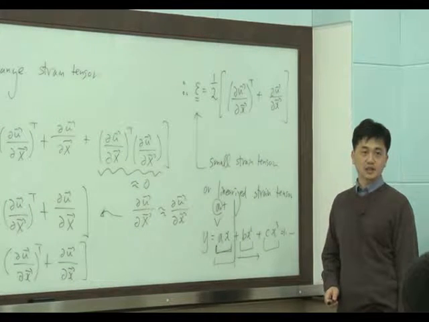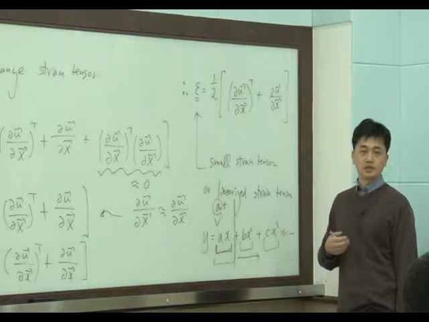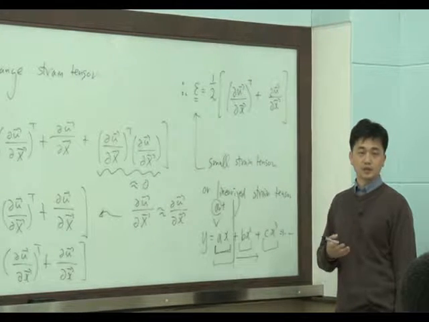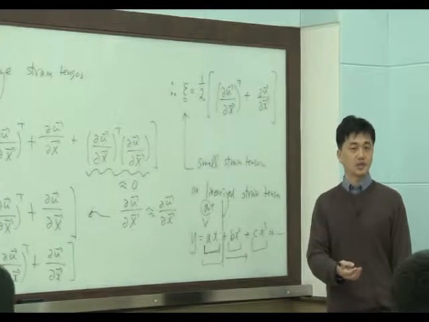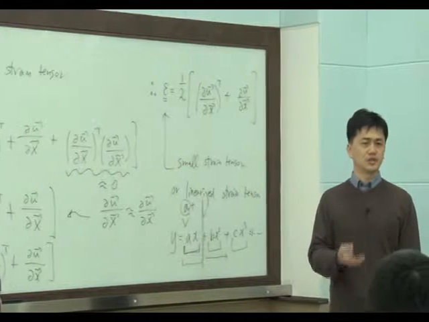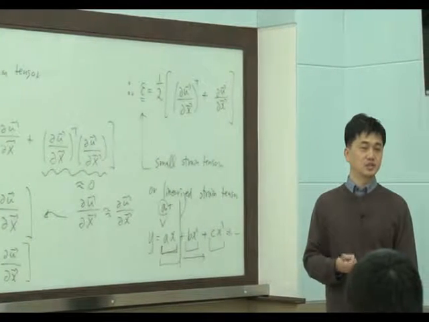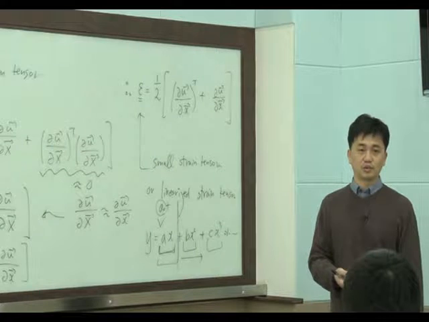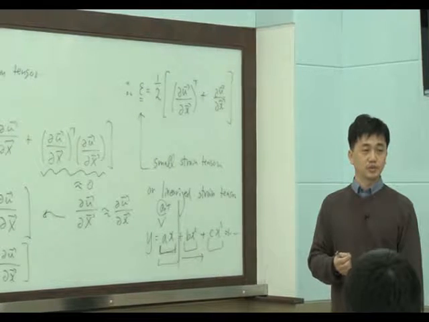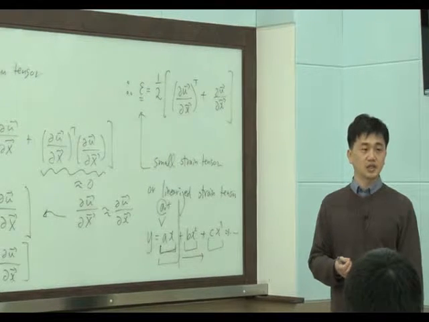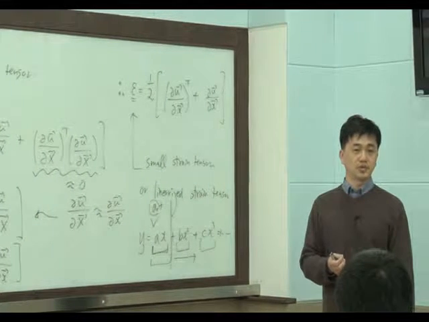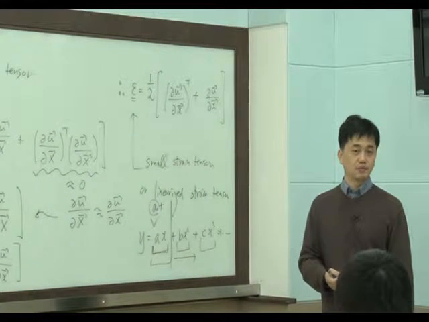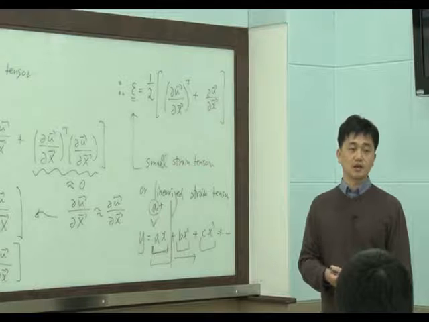Right? So in physics, usually every system is a nonlinear system, but a nonlinear system is very hard to solve. So to solve that kind of very complicated nonlinear system, first of all, we need to linearize it. If we linearize it, then we can solve.